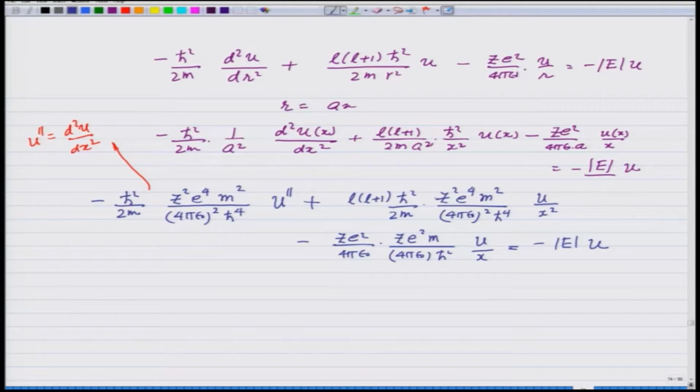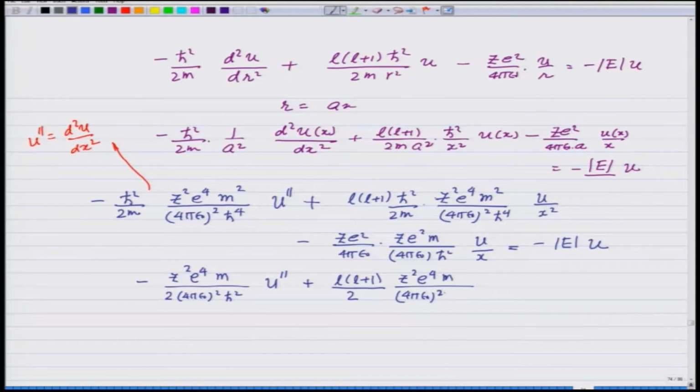You simplify all this and you get minus Z square e raised to 4 m over 2, 4 pi epsilon 0 square h cross square, u double prime, plus L(L+1) over 2, Z square e raised to 4 m over 4 pi epsilon 0 square h cross square, u over x square, minus Z square e raised to 4 m over 4 pi epsilon 0 square h cross square, u over x, equals minus mod E times u.